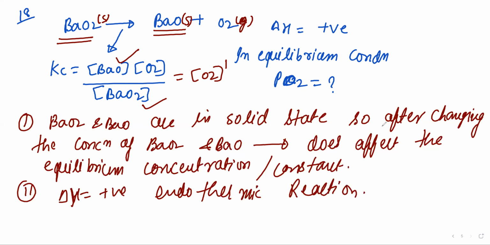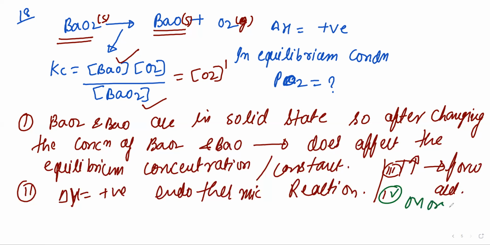Then the increase in temperature will favor the forward direction of equilibrium. So as temperature increases, the reaction goes in the forward direction, right? Hence more O2 is formed. So this will be the third point. More O2 is formed now, right?